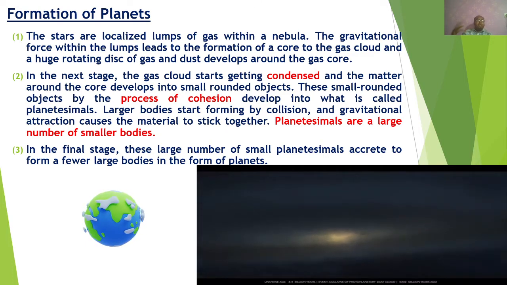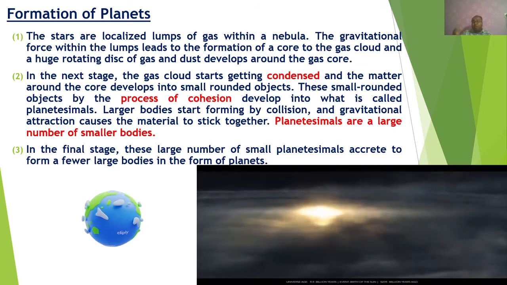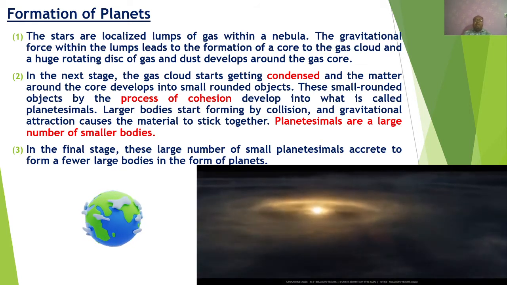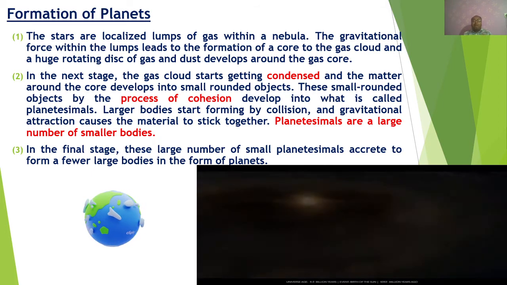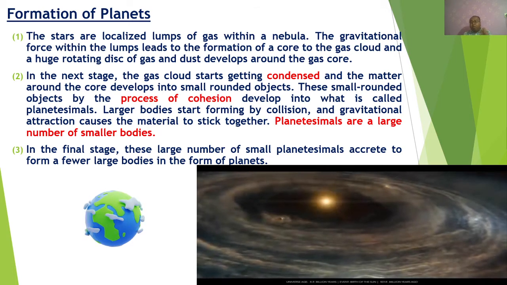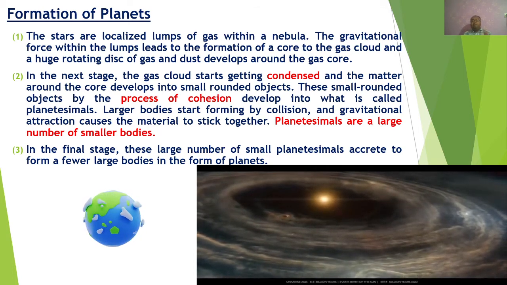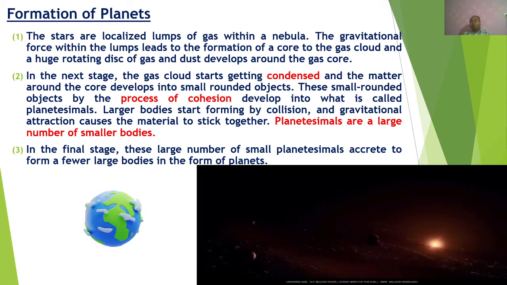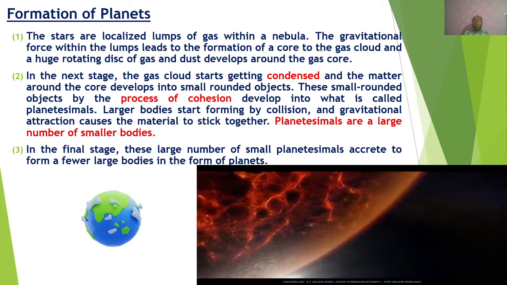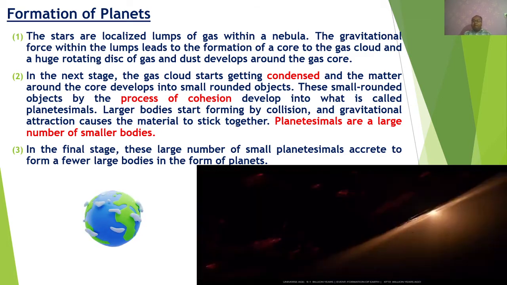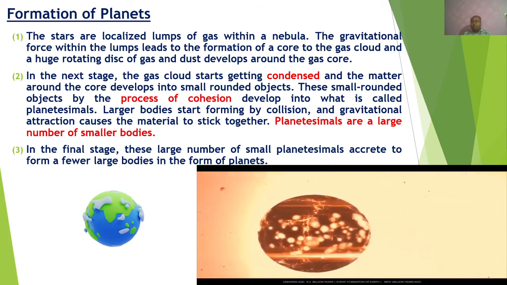So at the initial stage, when the stars are forming, the development of a gaseous core is also forming. In the next stage, the gas clouds start getting condensed, and the matter around the core develops into small rounded objects. The small rounded objects, by the process of cohesion, develop into what is called planetesimals. Larger bodies start forming by collision, and gravitational attraction causes the material to stick together.